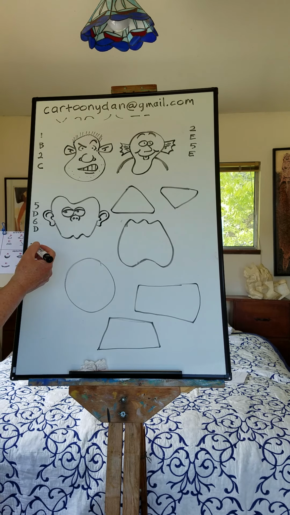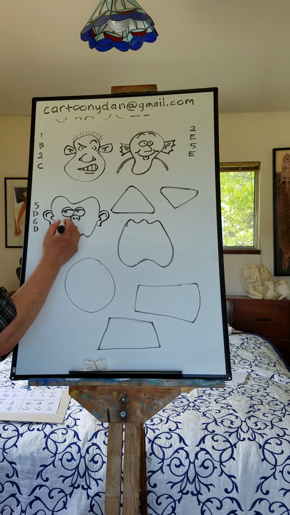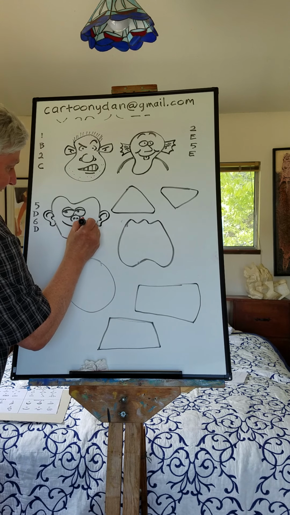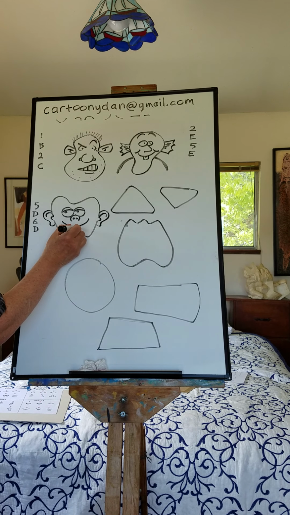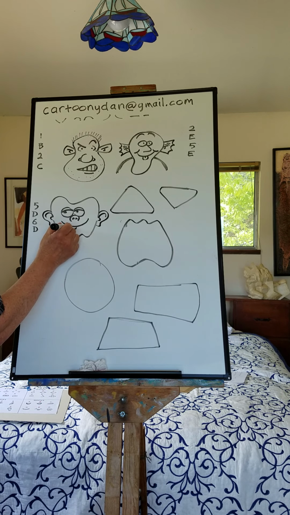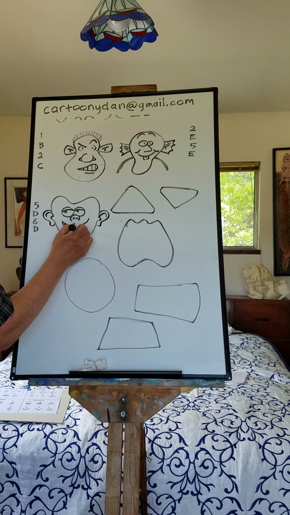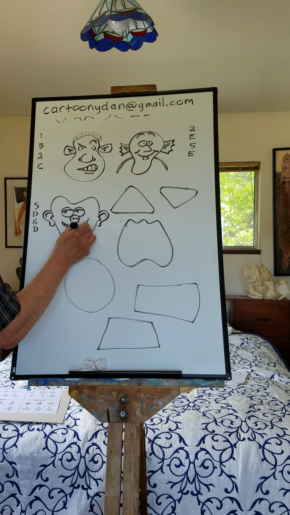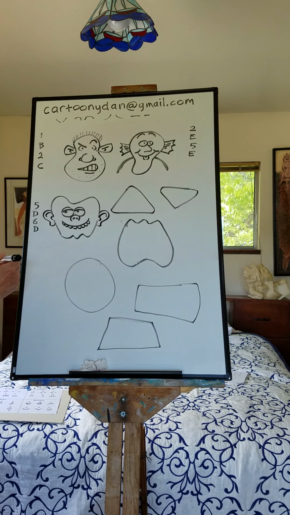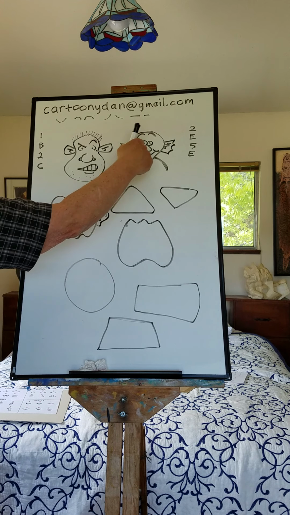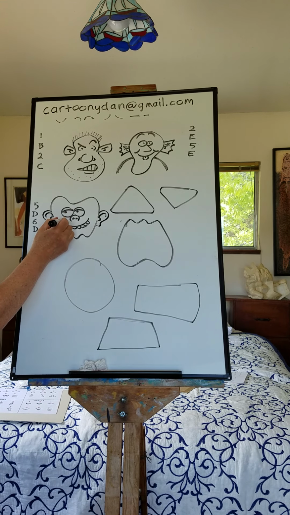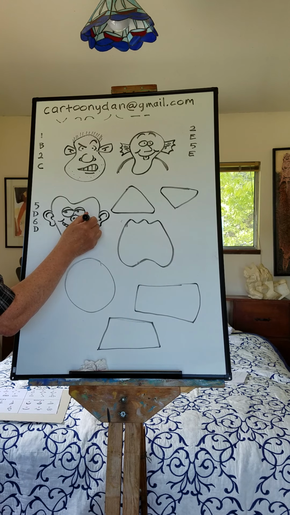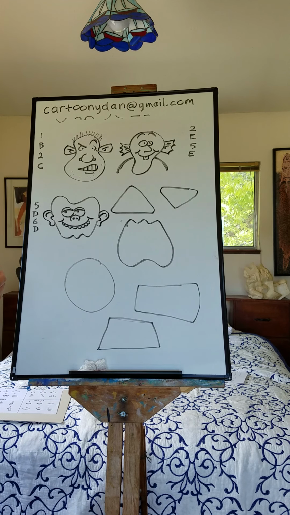And this is gonna be good. This is D. And I start in here with these little corn teeth. Curve, curve, curve all the way out to the edge. Makes a pretty goofy face. And we could do the same thing that we did here with these, if you want to add a little extra.